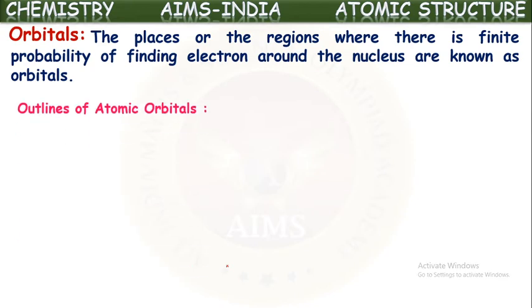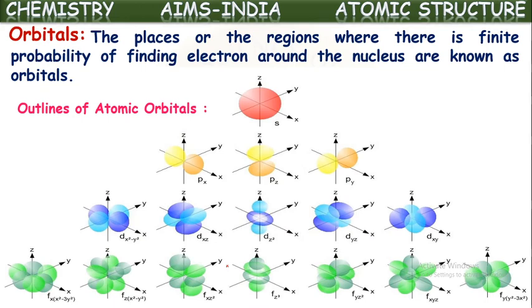See here, some outlines or shapes of the orbitals are given. s orbitals are spherical, p orbitals are dumbbell shaped, the 5 d orbitals are double dumbbell shaped, and f orbitals are four-folded or complex in shape. As the subshell number increases, the complexity in the shape of the orbitals also increases.